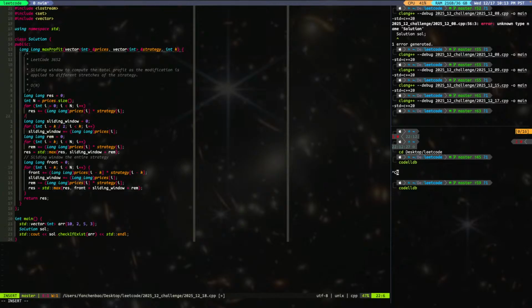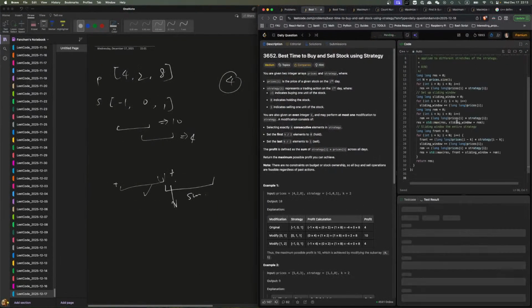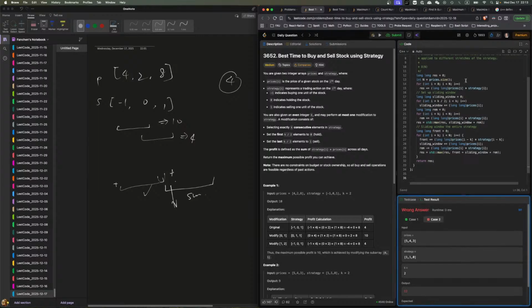And this is a setup of the sliding window. Okay, let's check. How is the second one wrong?